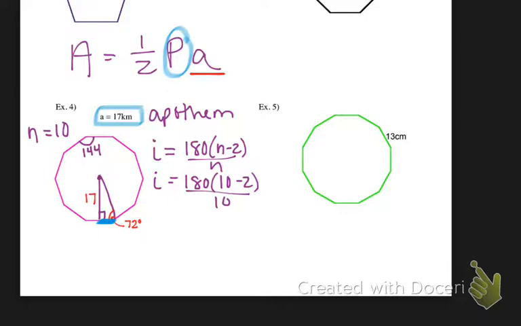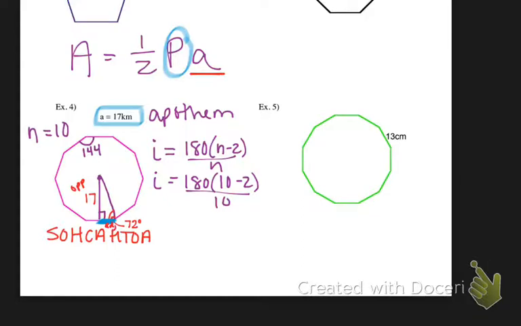So we're going to have to use trig because in our right triangle, we know one side and we need another side, and we do know an angle. So I know the opposite side and I want the adjacent side.